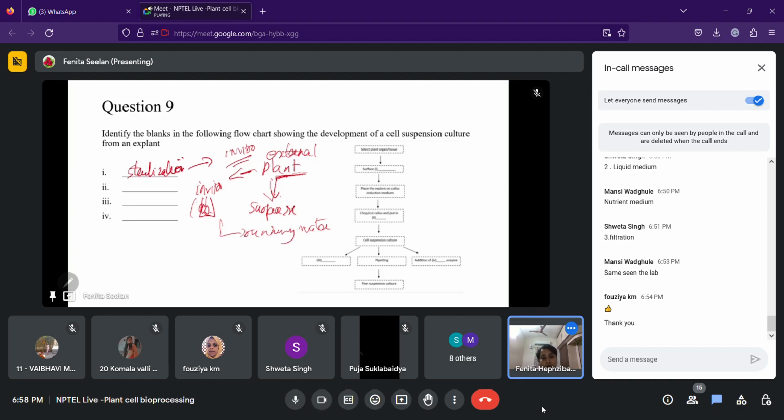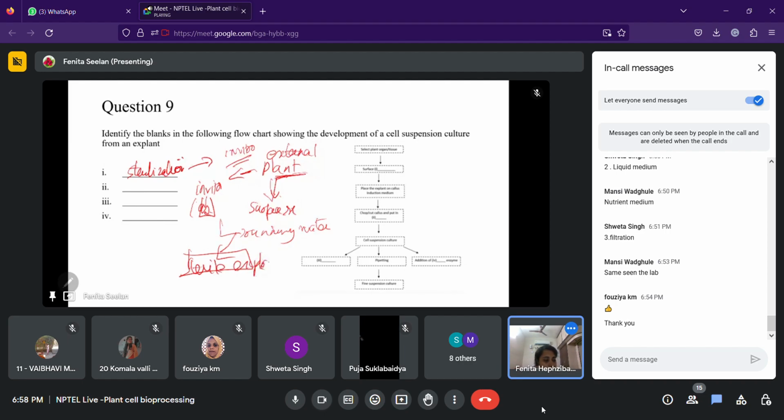Then you can follow the surface sterilizing protocols established by you, for example 70% ethanol, mercury chloride or sodium hypochlorite, so that your end result is a sterile explant.